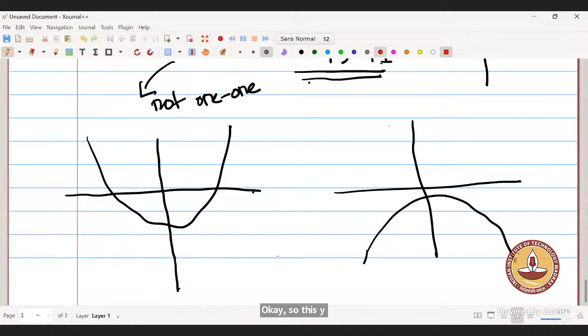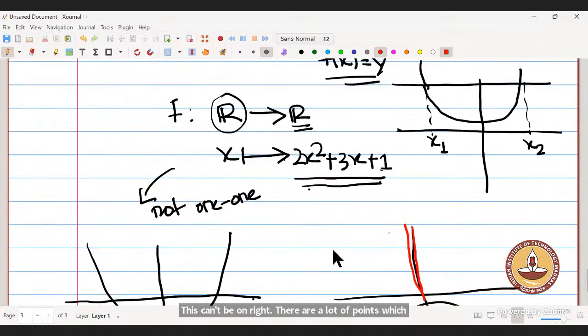All the points below this point, you are missing. All the points above this point are missing from your range, right? So certainly this can't be onto, right? There are a lot of points which you are missing.